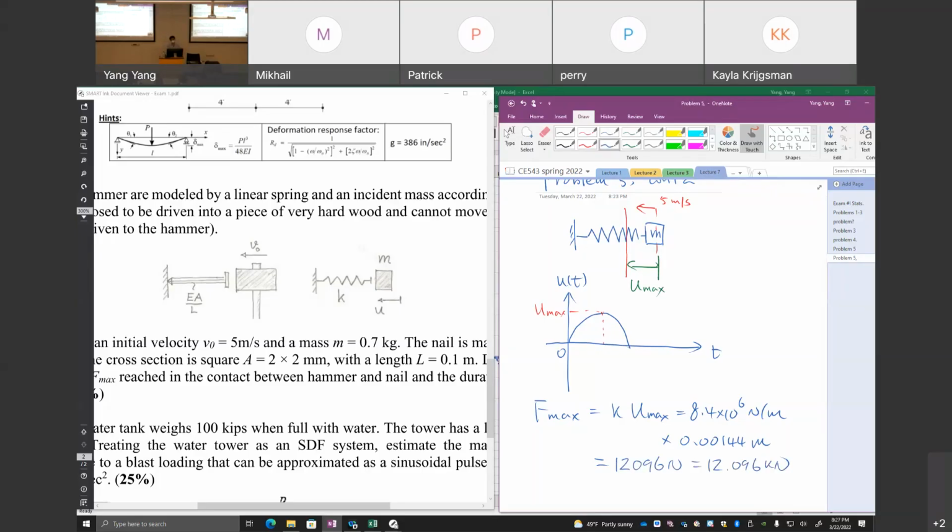The maximum force between the hammer and the nail, where we have the maximum deformation for the nail.